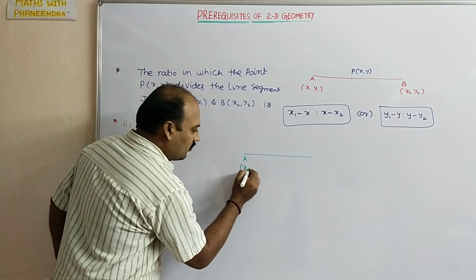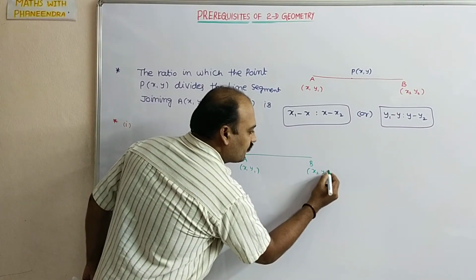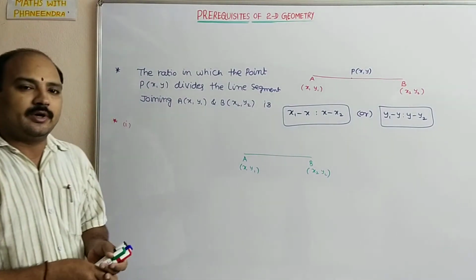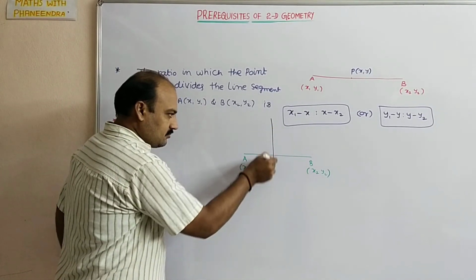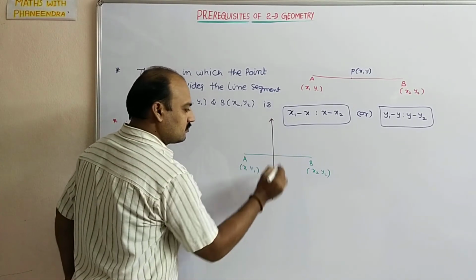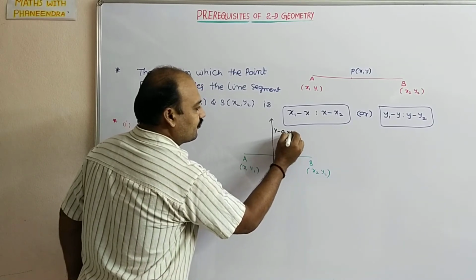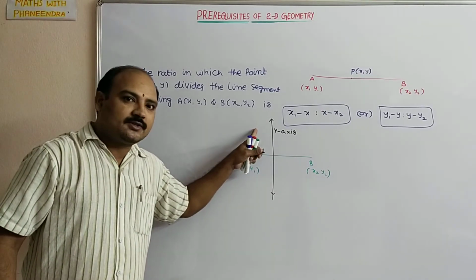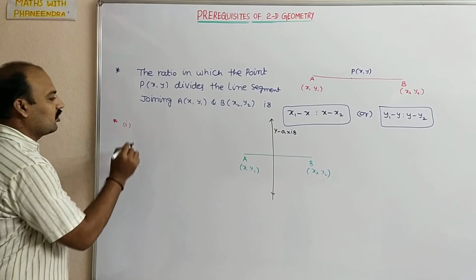A of x1, y1, B of x2, y2. First I will take the y-axis, easy to understand. This is the y-axis. That means the y-axis divides the line joining of points.